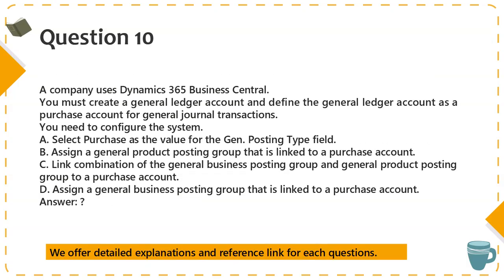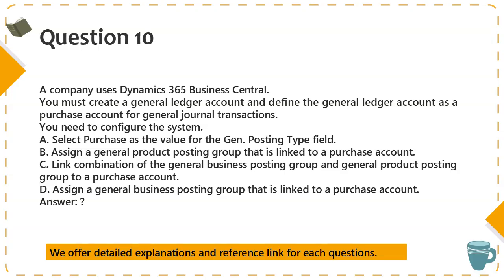10. A company uses Dynamics 365 Business Central. You must create a general ledger account and define the general ledger account as a purchase account for general journal transactions. You need to configure the system. A. Select Purchase as the value for the general posting type field.